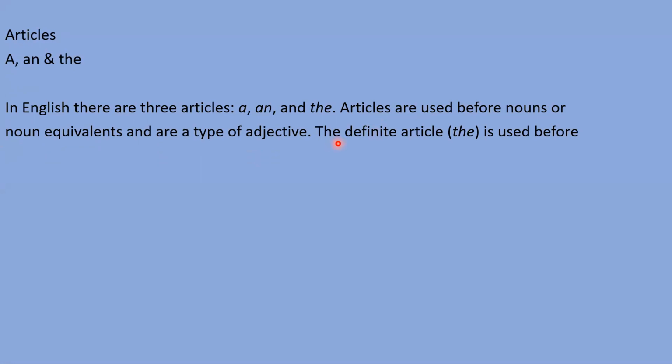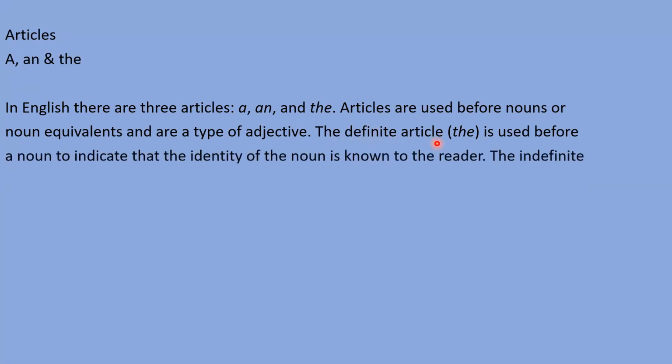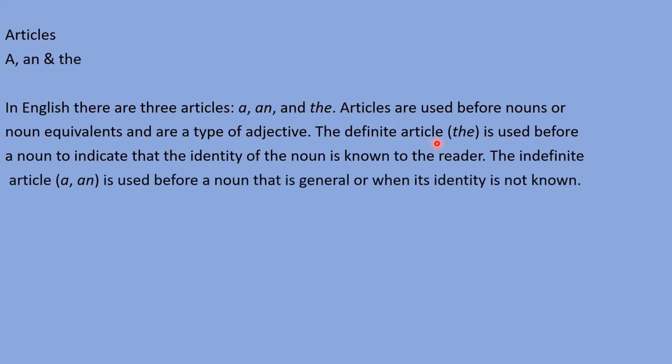The definite article the is used before a noun to indicate that the identity of the noun is known to the reader. The indefinite articles a and an are used before a noun that is general or whose identity is not known.